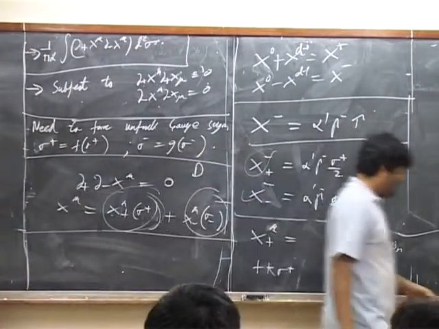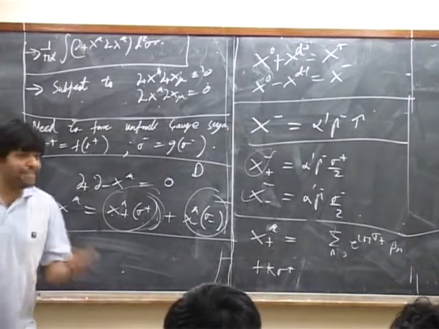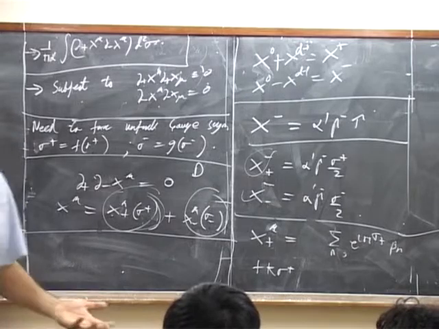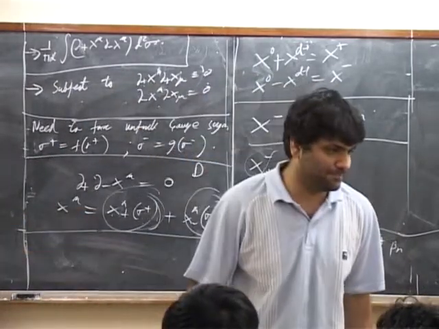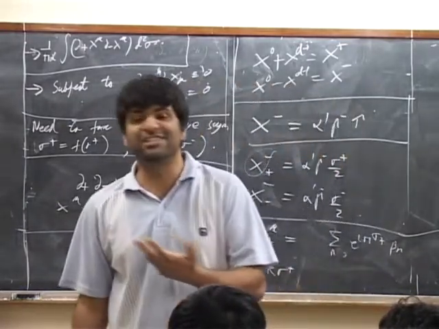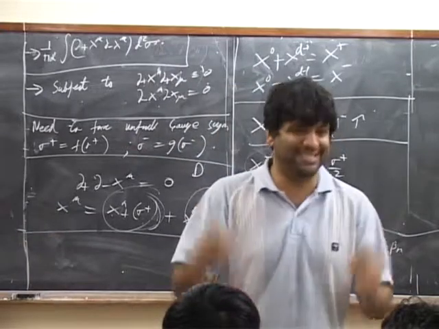Now, let's see. The constraints from fixing a gauge are always the equations of motion that would have followed had you not fixed this gauge. So we want to know what are the equations that come from varying x minus.